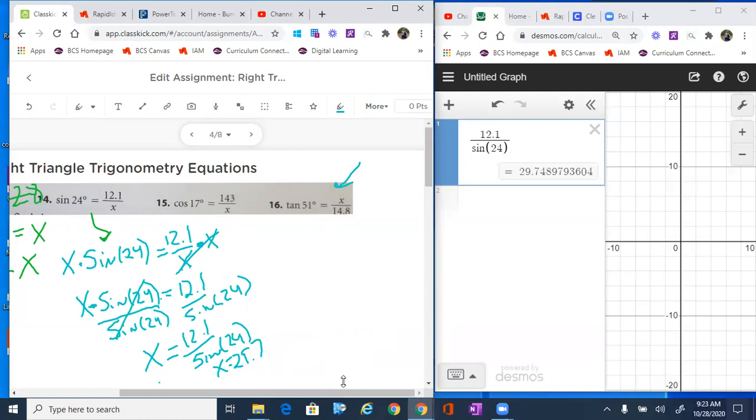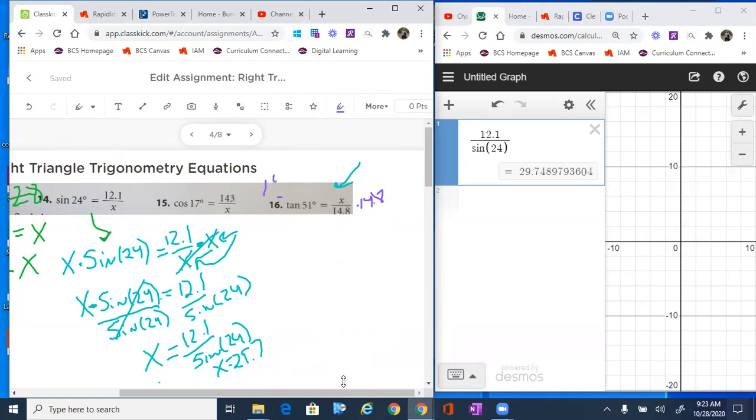We're going to isolate that x. In the last one, we multiplied by x, but the only reason we multiplied by x was because it was in the denominator. In this case, we isolate x by simply multiplying by 14.8.